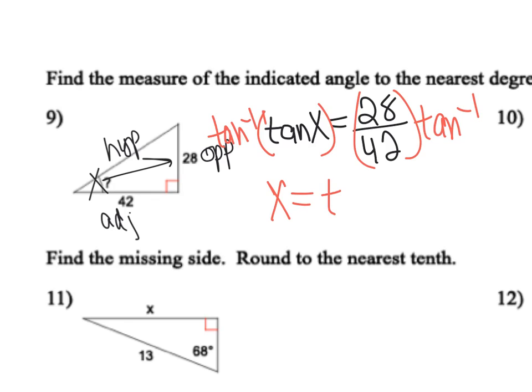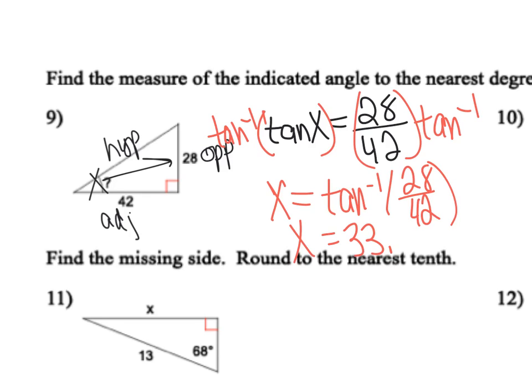And on the right, you have the inverse tangent of 28 over 42. When we put that into our calculator, we want to make sure that we are doing second function tangent, and it'll open up some parentheses, and we do 28 divided by 42. If we hit enter, we get about 33.7 degrees.